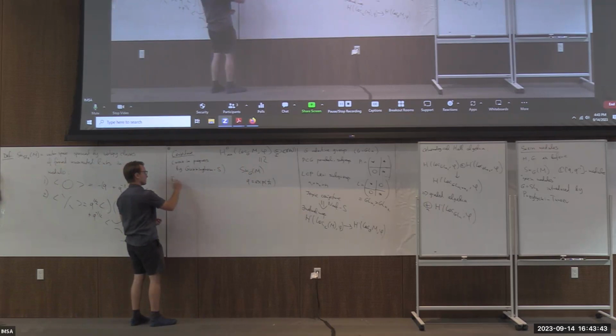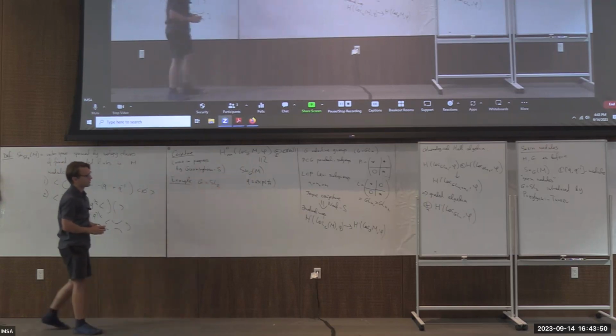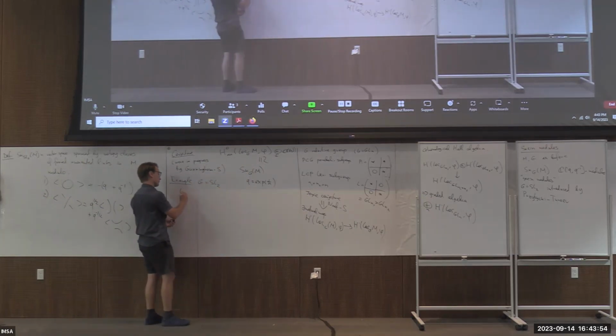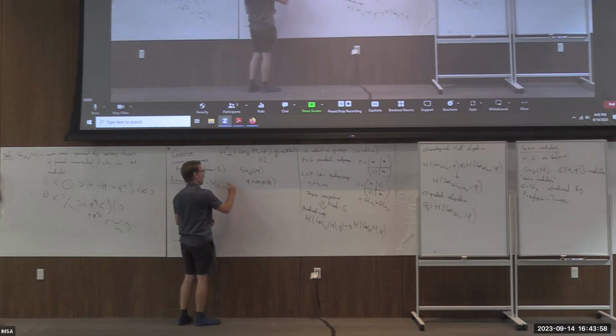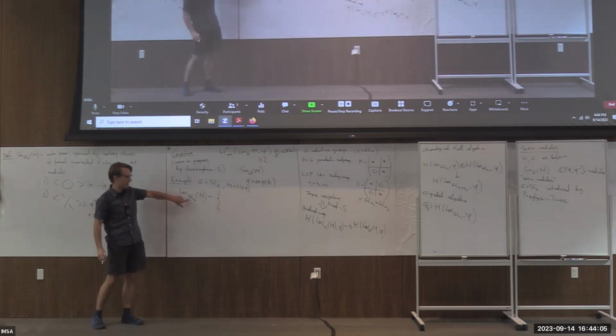So let's look again at the case of lens spaces, and let's look at the group being SL2. Okay, so again, the character stack of the lens space.